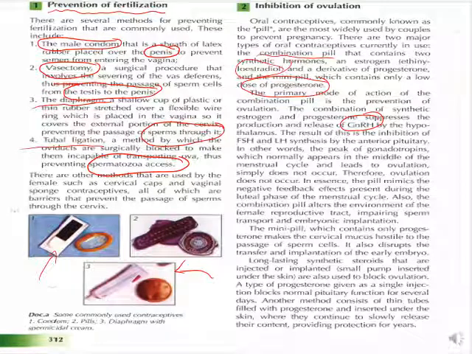So the result is the inhibition of the synthesis of LH and FSH, while the mini pill contains only progesterone. Thus, it makes the cervical mucus hostile to the passage of the sperm cells and it disrupts the transfer and the implantation of the early embryo.